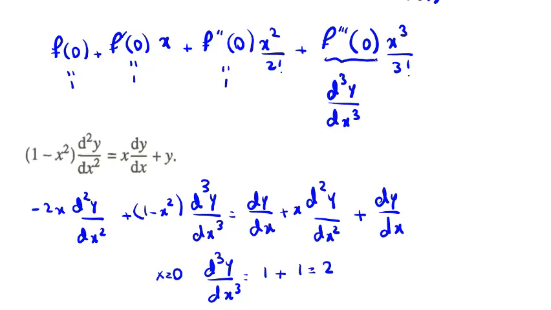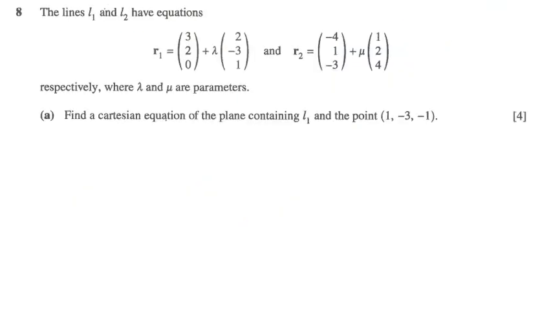So it is 2 for this part, and the answer will be 1 plus x²/2 plus, with 2 and 3 factorial, the 2 and 2 here will be cancelled, plus x³/3. Also, it has other terms in the Maclaurin expansion, but the problem says only find the first 4 terms.